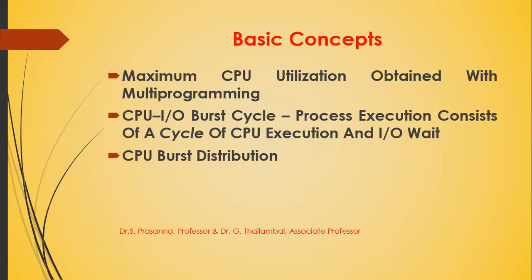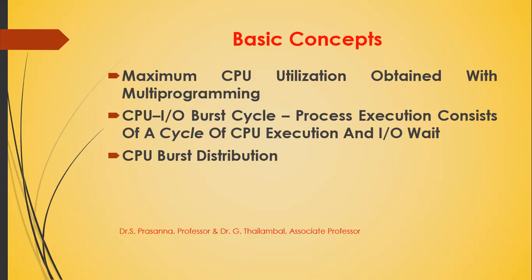And the CPU IO burst cycle. Process execution consists of a cycle of CPU execution and IO wait. IO is nothing but input output. So a process will definitely have some inputs to be received and outputs to be displayed, so for that IO it may wait for some time.